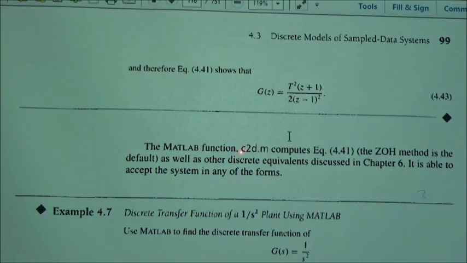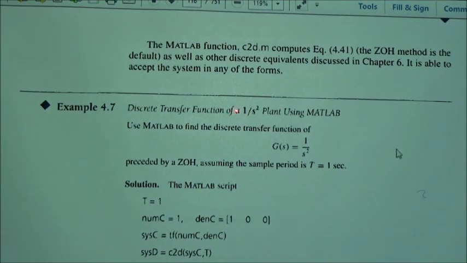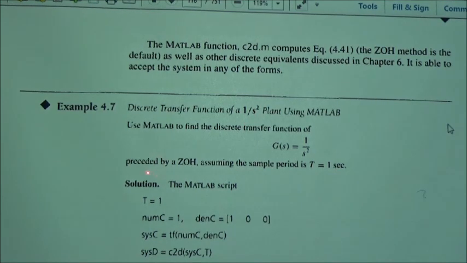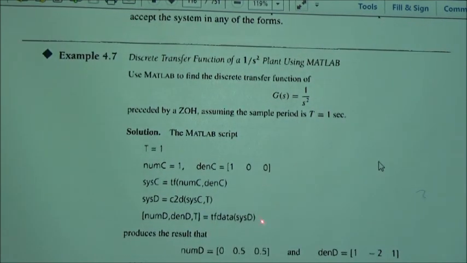This is the one which takes you from the S domain to the Z domain. So we want to again look at this particular plant, 1 over S squared, preceded by a zero order hold with a sampling period of T equal to 1 second.